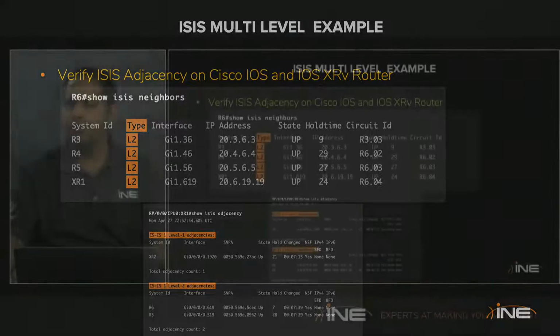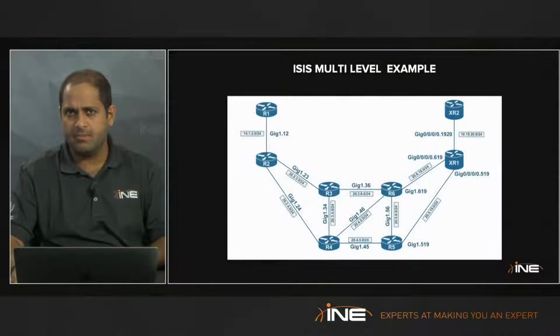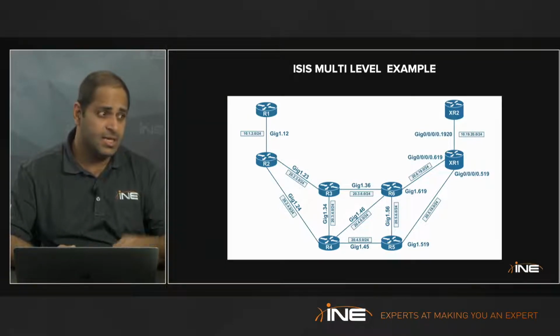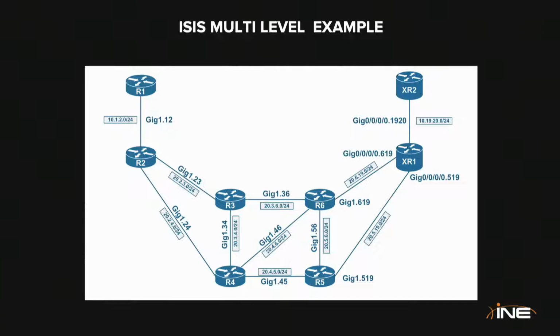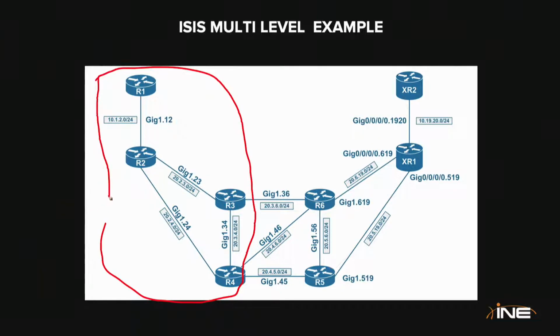Now, just to show you a multi-area implementation, a multi-level implementation of ISIS, we would use this diagram. What I'm going to do here is configure this side, all these routers, R1, R2, R3, R4, all of them in one area, let's say area 49.0001.